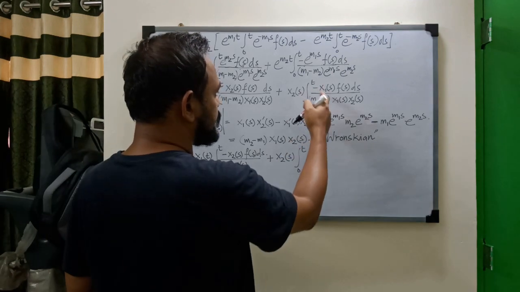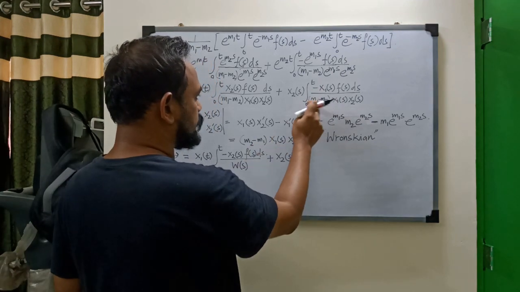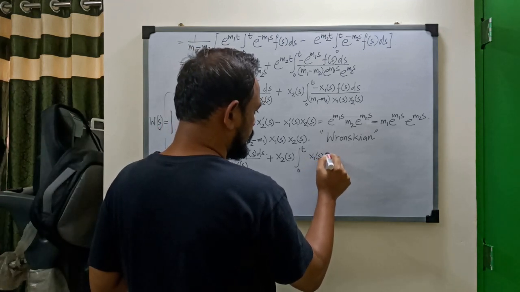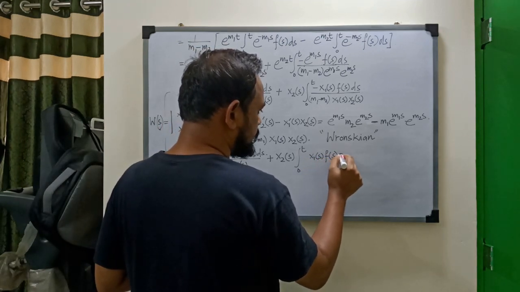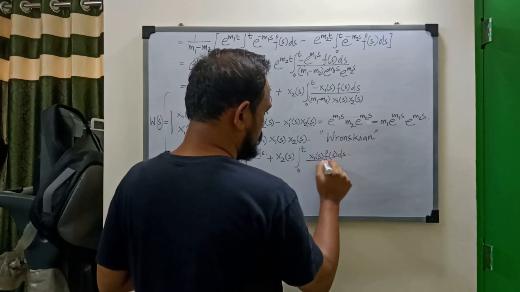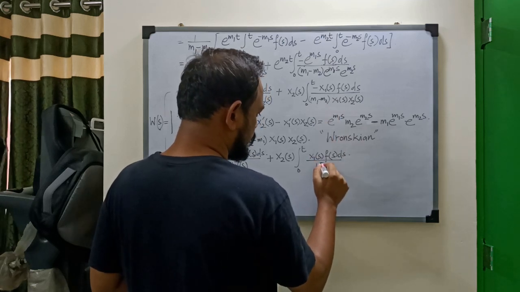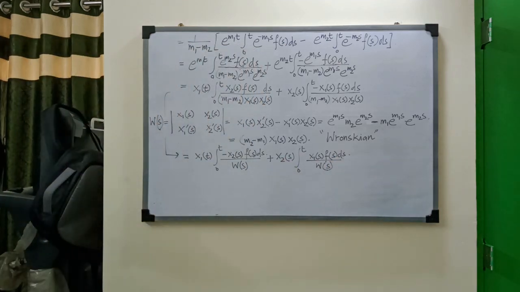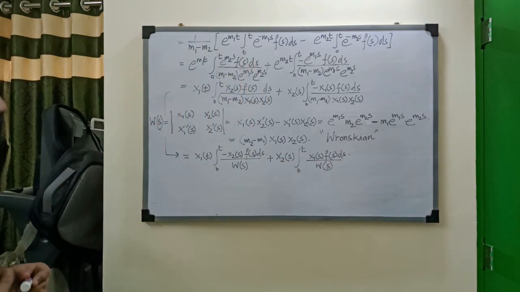This negative sign will cancel if I change the positions of m2 and m1. So you will have x1(s) f(s) ds by, again, the Wronskian. And that's the formula.